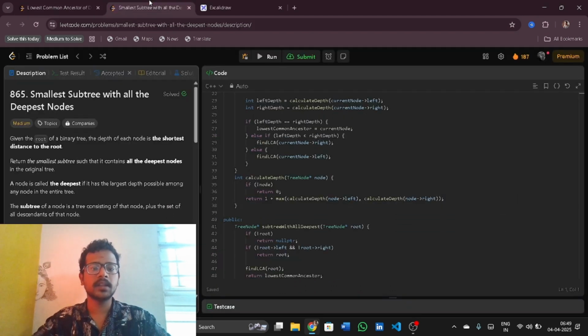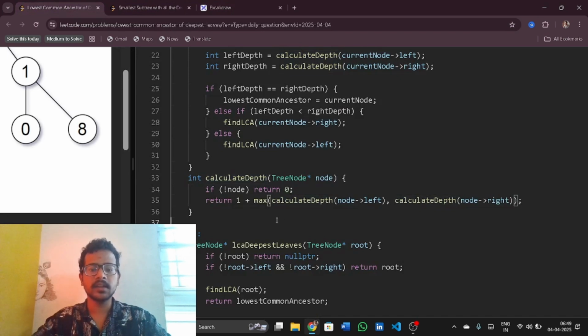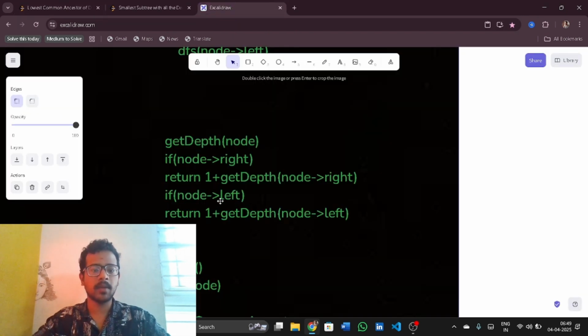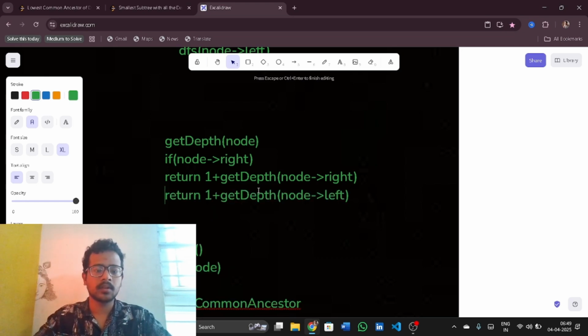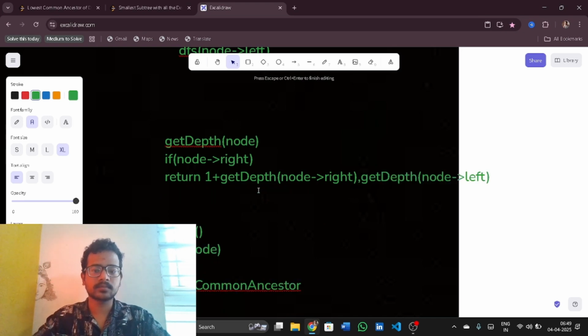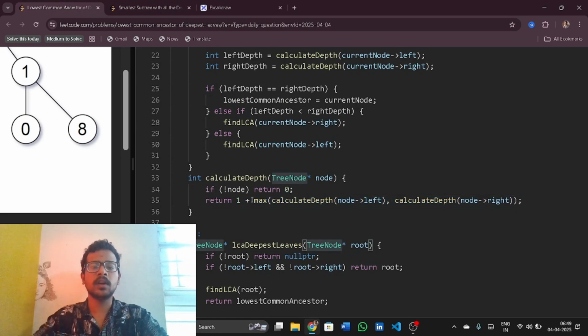As I said, in the get depth function, if node right is there, here we'll be calculating inclusive. That means here I made a mistake, yes. This is the code for 1 plus the maximum of these two.